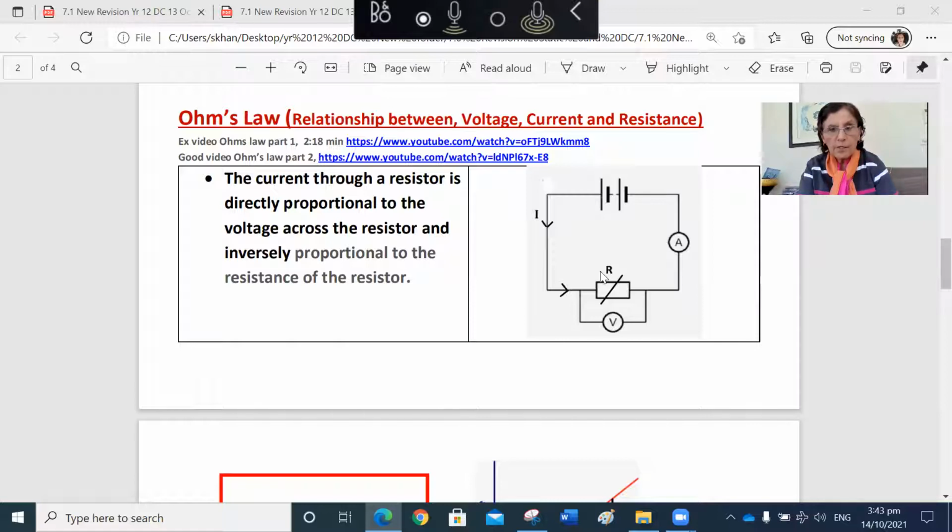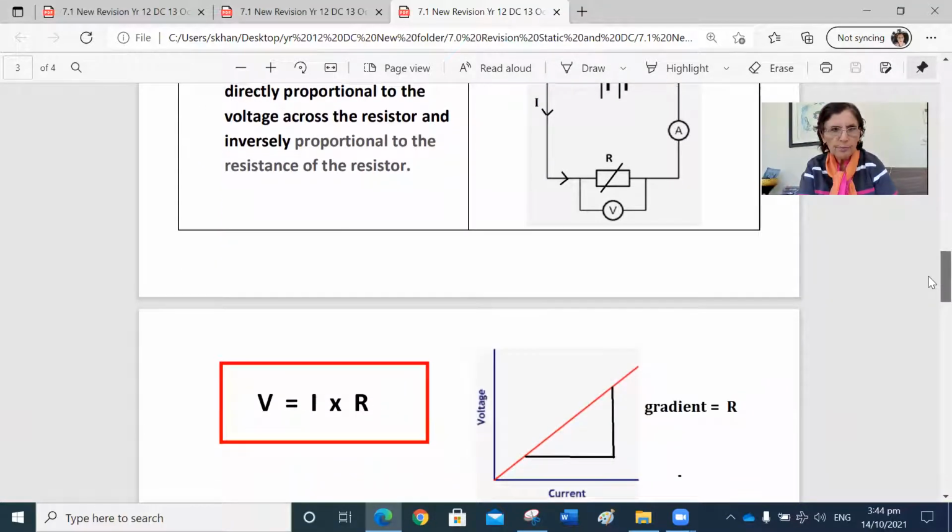However, if the voltage is kept constant and the resistance of the resistor is changed, then by decreasing the resistance, current will increase, or by increasing the resistance, current will decrease, or we say that current is inversely proportional to the resistance.